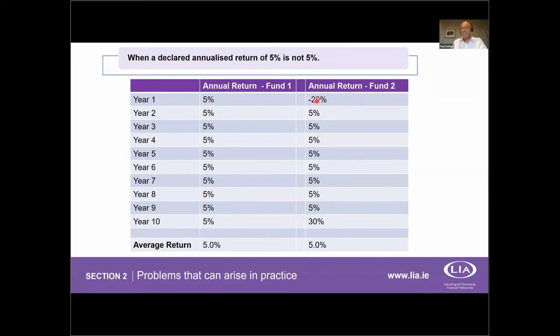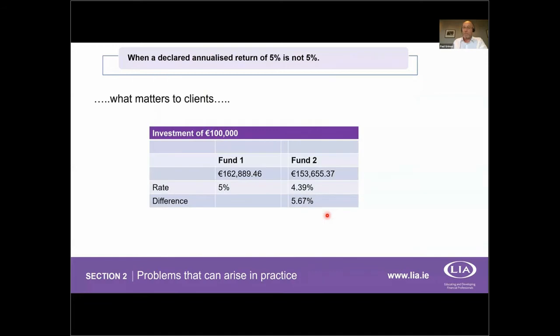Okay, so it's a similar situation to the first problem set that we looked at. Slight difference here is that we've got a 10-year duration and then a pickup at the end. But the point being, averaging percent is not the best way of being able to determine what the actual return to a consumer is.